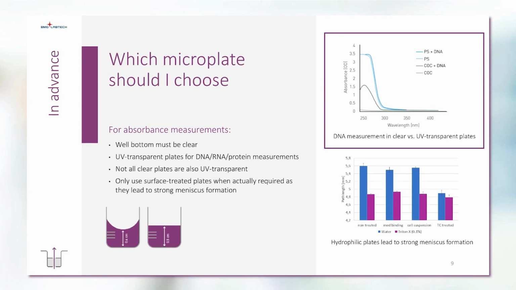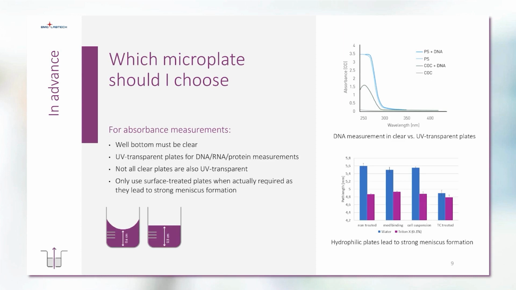They are displayed in green here in the graph. And as you can see, the background absorbance of polystyrene plates completely masks the absorbance of DNA, which should show a clear peak at about 260 nanometers. When evaluated in cycloolefin plates, this is clearly visible.